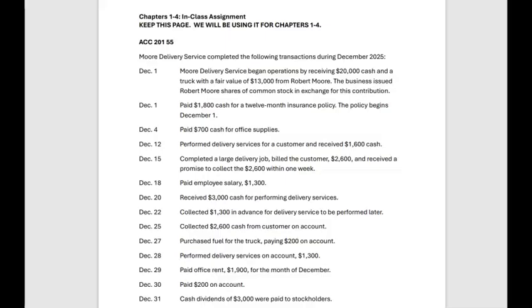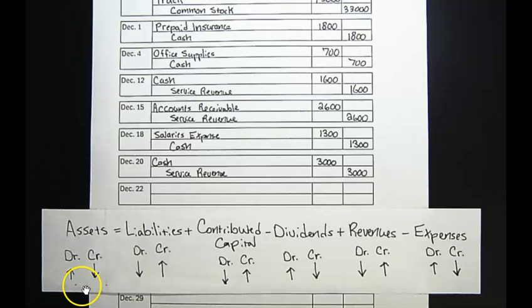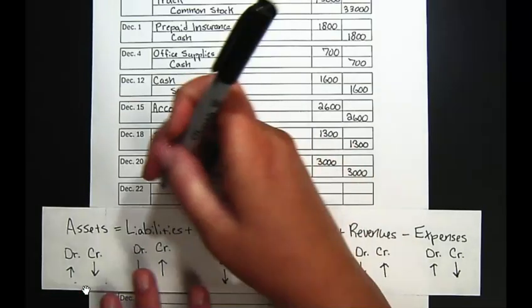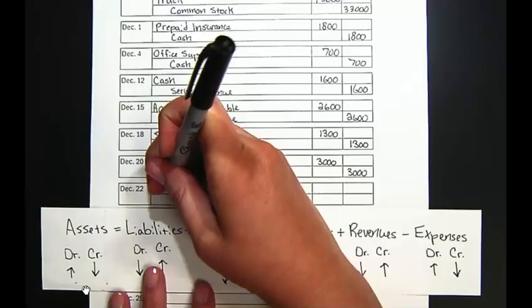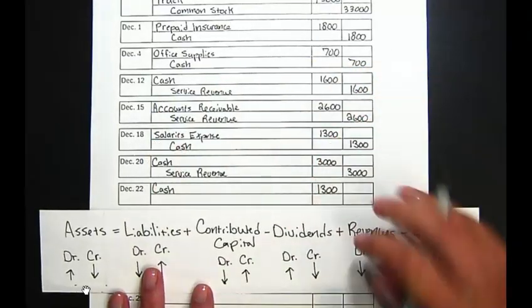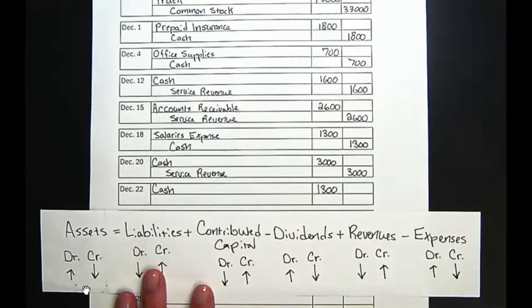On December 22nd, we collected $1,300 in advance for delivery services to be performed later. The $1,300 cash collected is an increase in cash. Cash is an asset. We record an increase in assets with a debit. However, the delivery services have not yet been performed, so we cannot record a revenue.